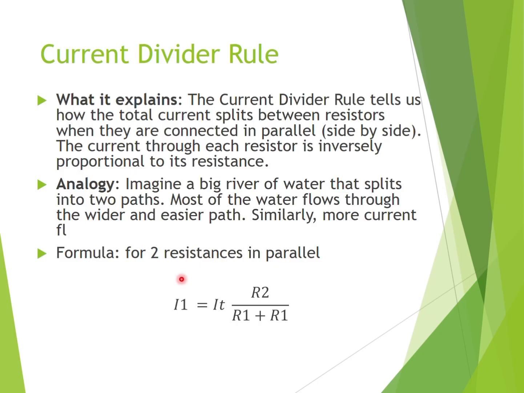So for the formula for two resistances in parallel, to calculate the current that goes to resistor R1, we're going to have I1 equals I total multiplied by R2 divided by R1 plus R2. That's the general formula.